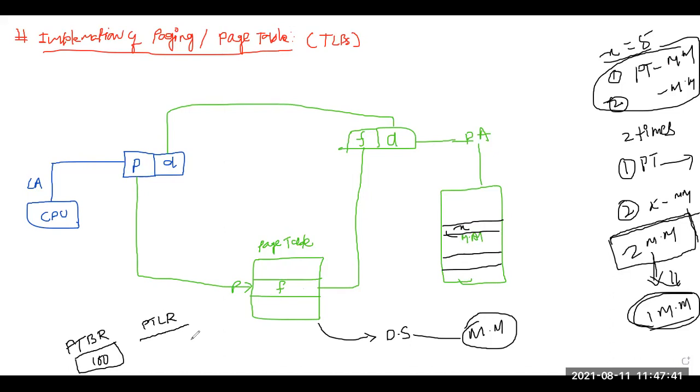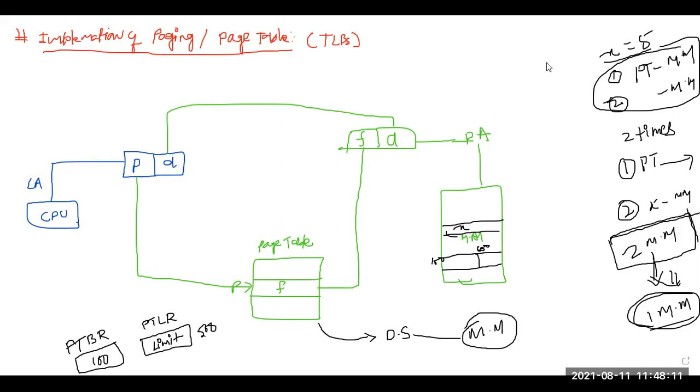This will decide your limit of the page table. If I say my size of the page table is 500, there are 500 frames. So what does it indicate? Start from the address 100 and the page table ends with the address equal to 600. Because what is the limit here? Limit is 500. So remember these 2 pointers.